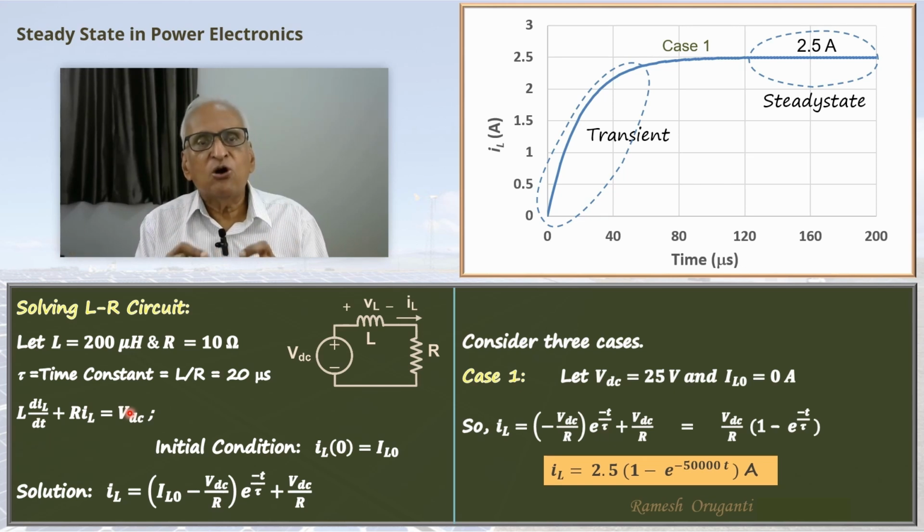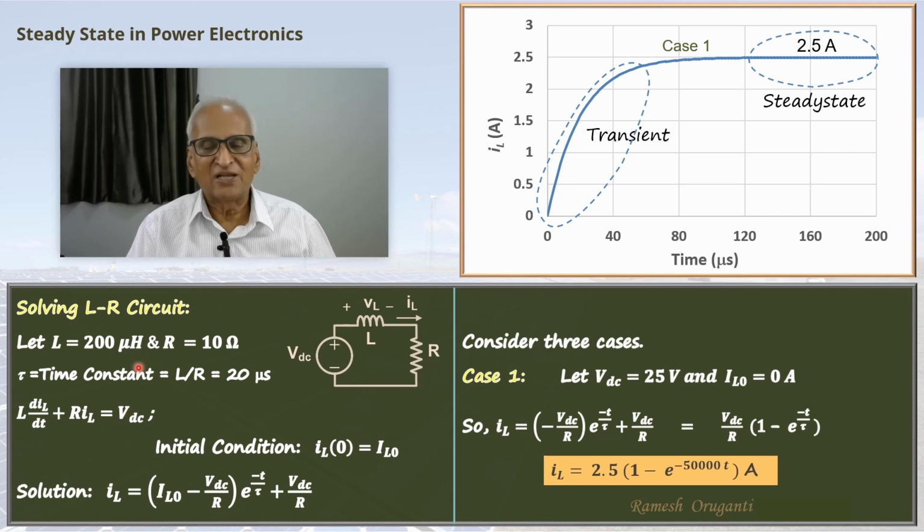So by treating all circuit capacitors as open circuit and all circuit inductors as short circuit, and then solving the resulting circuit, I can find the DC steady state value without going through the differential equation route. So the intention here is to find the steady state directly.